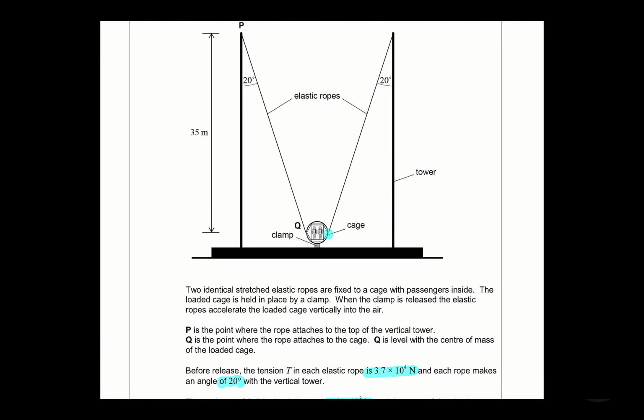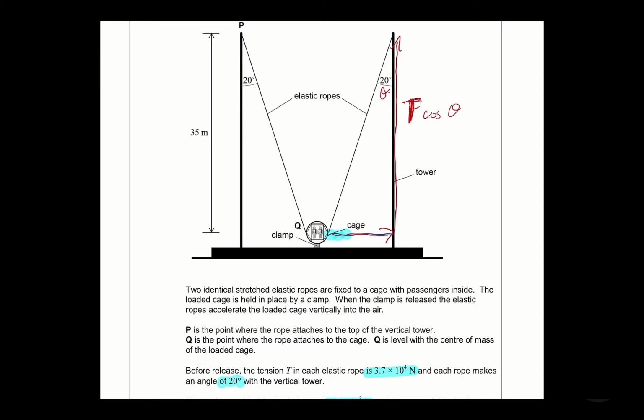Well, let me draw my little triangle here. I will have an upwards force here and a force to the side here. So if that's my theta, this is going to be T cos theta.